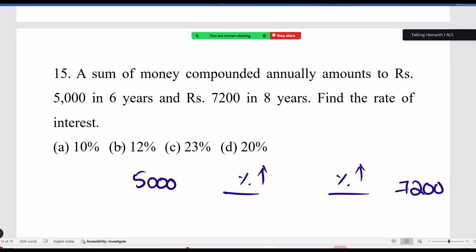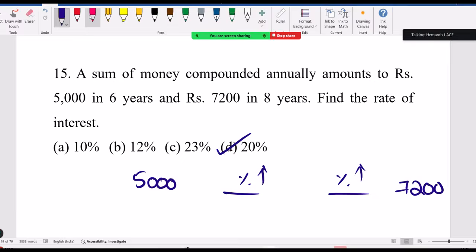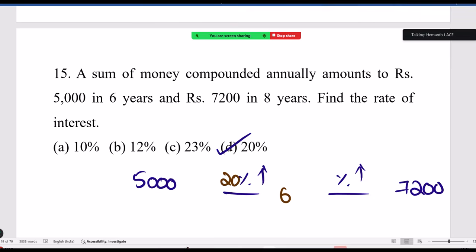How much percentage increases? Yes, it's 20%. I can clearly check that because a 20% increase on 5,000 will give 6,000, and a 20% increase on 6,000 will give 7,200. Options are available.